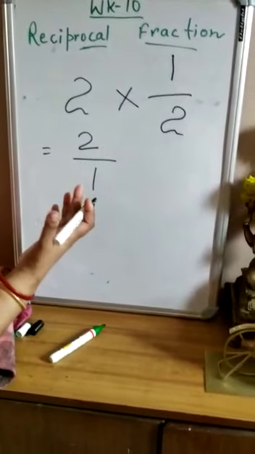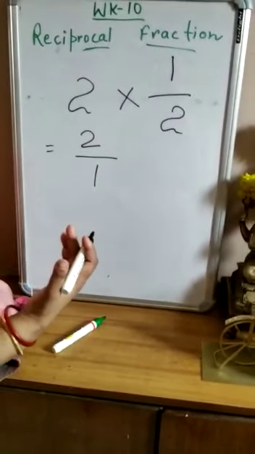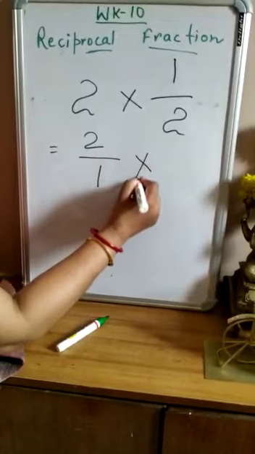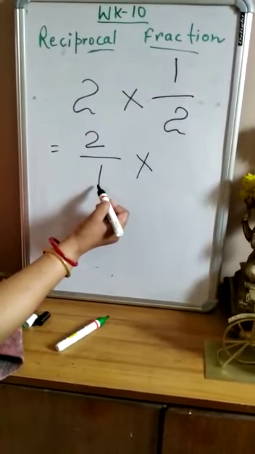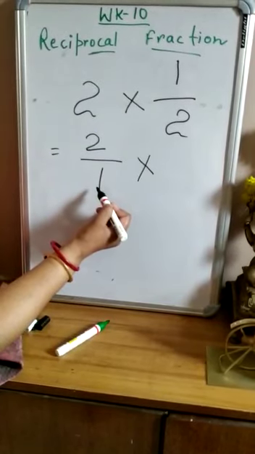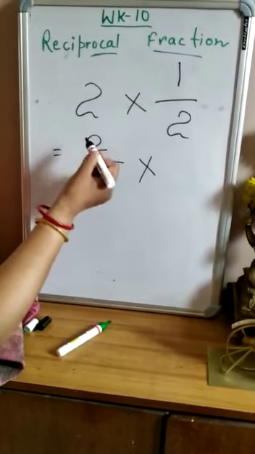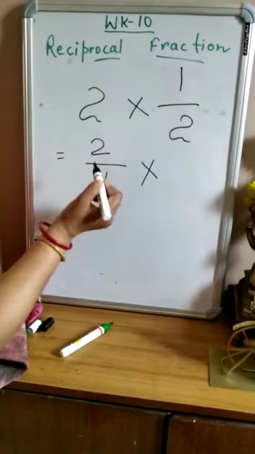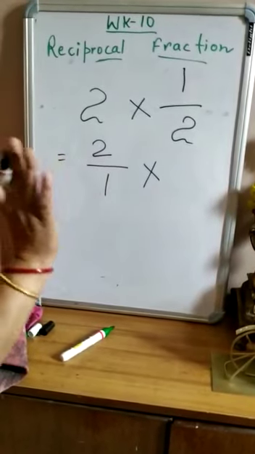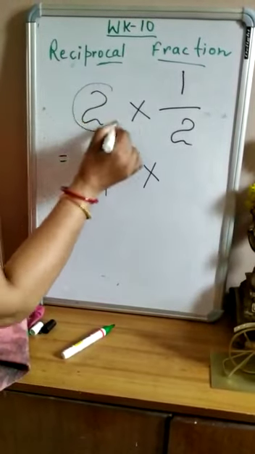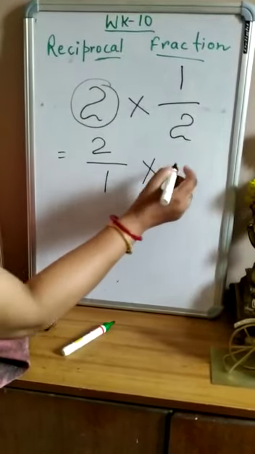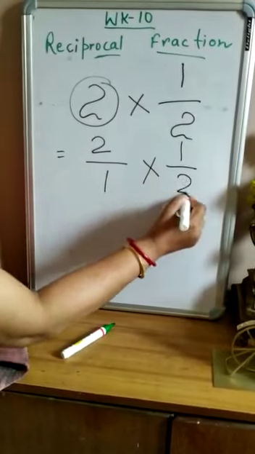Every whole number has 1 as a denominator when there is no other denominator. So I write 2 as 2 by 1, and then it is multiplied by 1 by 2.